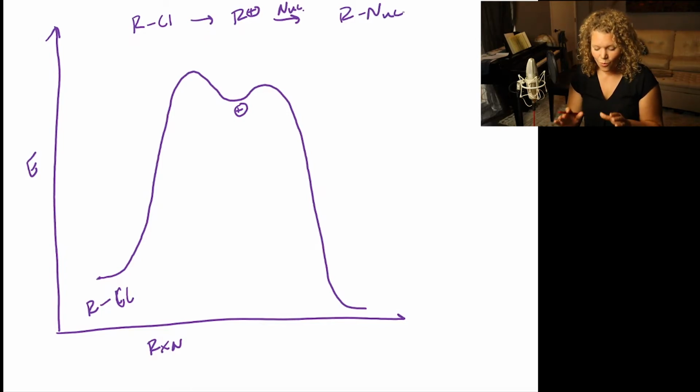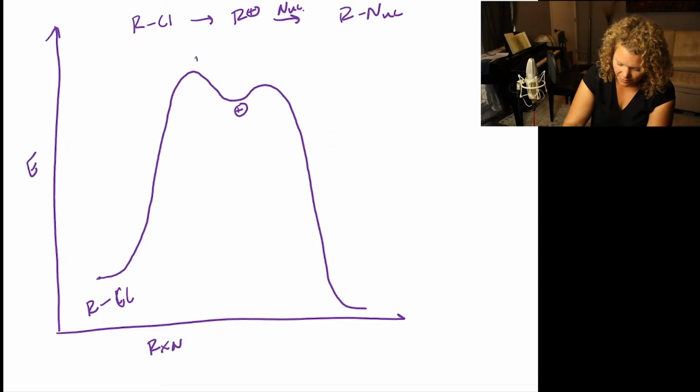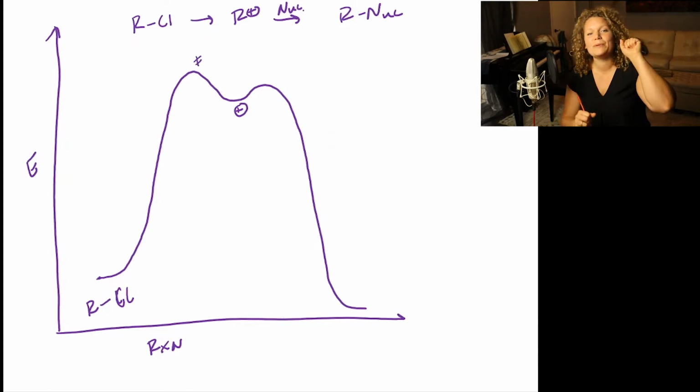And so when we look at this, we can still apply our Hammond's postulate because we have a very uphill first reaction. And if this is the case, then the transition state, which is here, will be energetically and structurally similar to our carbocation that we're forming.